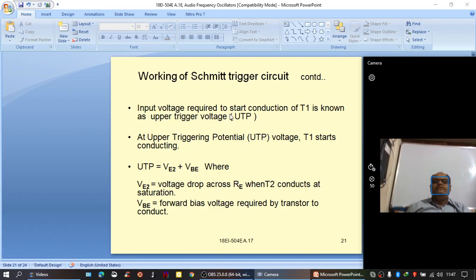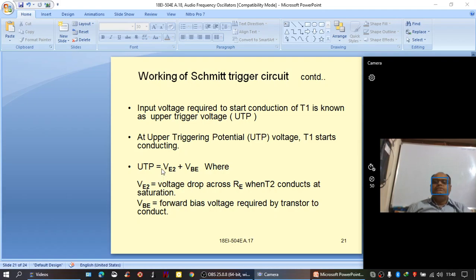Input voltage required to start conduction of T1 is known as upper trigger voltage or upper threshold potential. At upper threshold potential, T1 starts conducting.